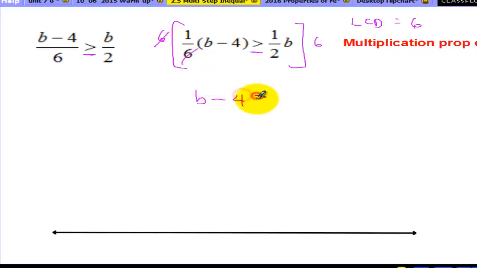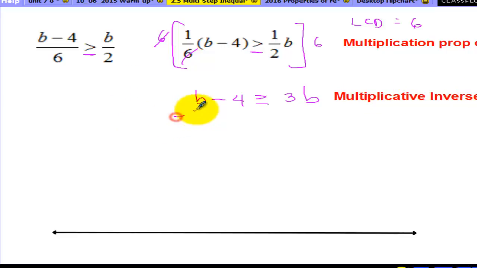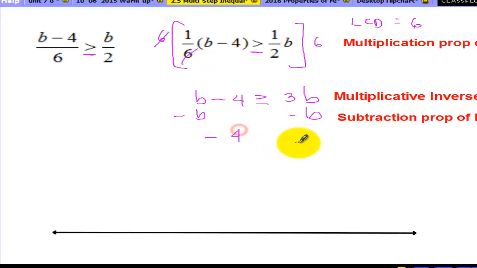Get b minus 4. 6 divided by 2 is 3. 3 times 1 is 3b. That's your multiplicative inverse. I'm going to subtract b to both sides, and that will be our subtraction property. -4.